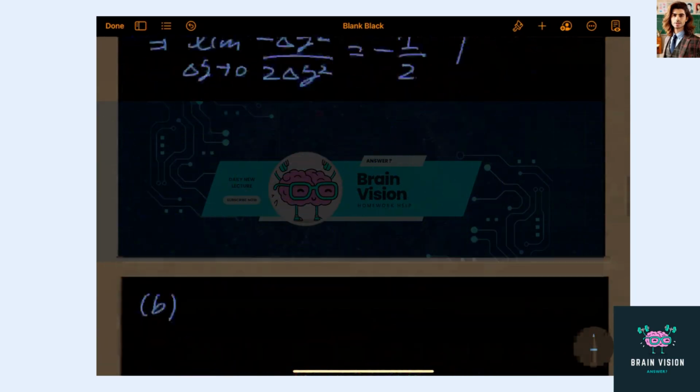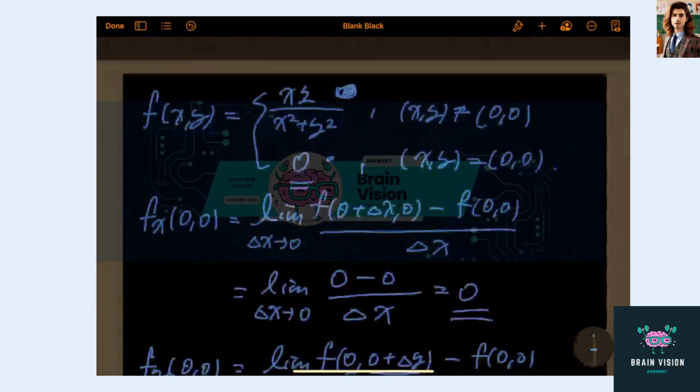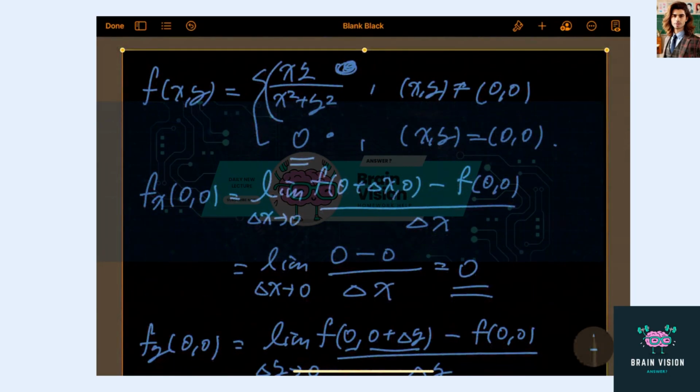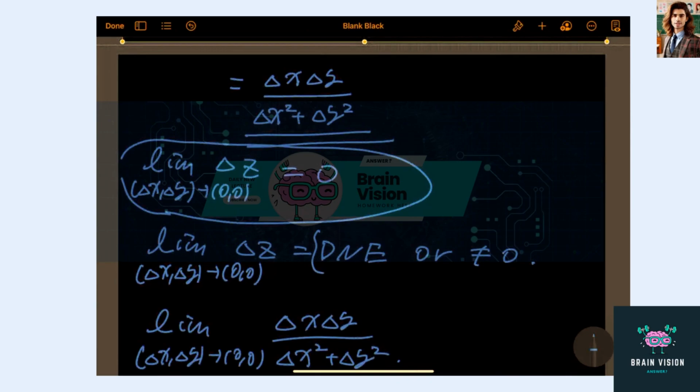I'm going to take the derivative with respect to x of this function, find the whole expression of f sub x, and then explain why f sub x is not continuous at 0, 0.